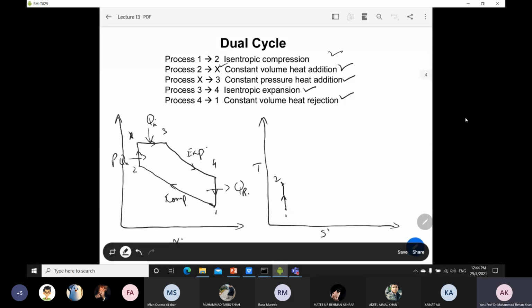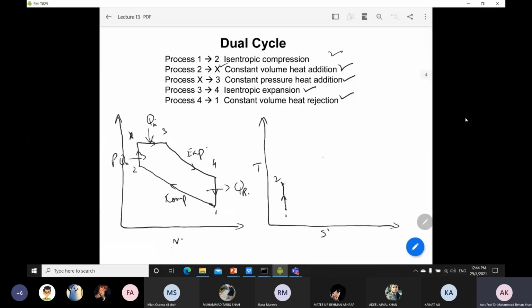Now from 2 to x it is a constant volume heat addition. As it is a heat addition process, whatever the temperature at point 2, the next point will be above point 2's temperature. So you can just join them. This is your Q in, and it is the constant volume process, V equals constant.